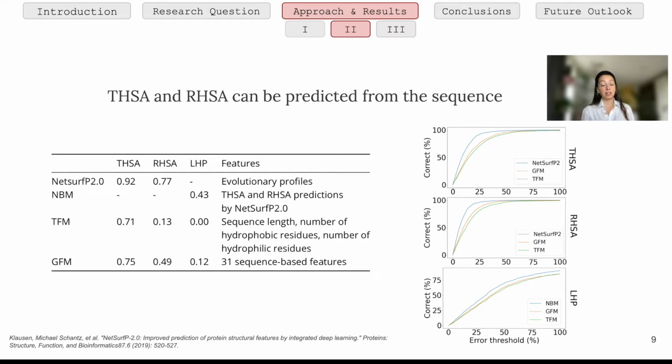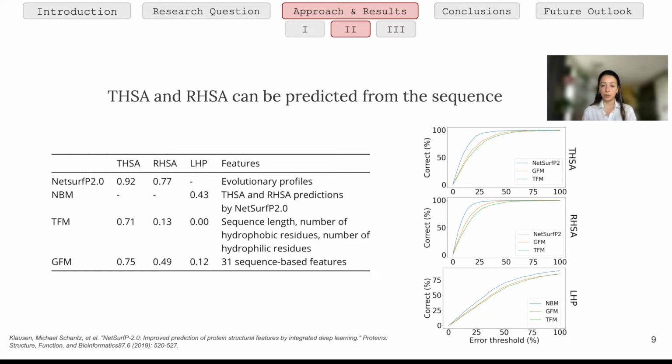But because the NetSurfB predictions cannot be used to predict the large hydrophobic patch directly, an additional model was trained that used the total and relative hydrophobic surface area predicted by NetSurfB as input features to predict the large hydrophobic patches. It's called NBM, the NetSurfB based model. And you can see that the NBM outperforms the other two methods.